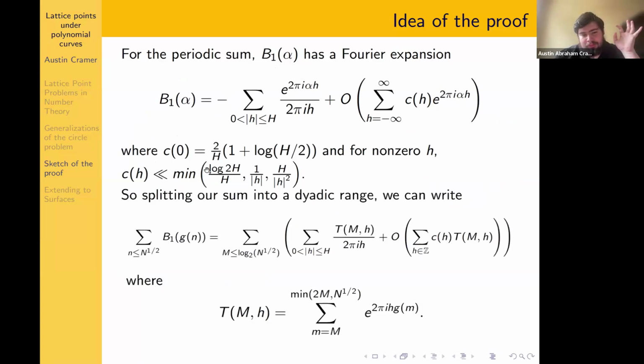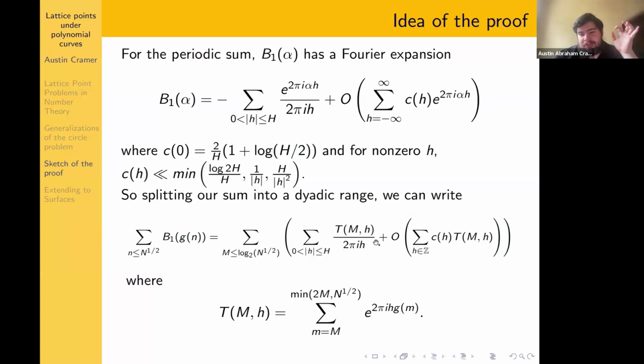So if we want to look at the Bernoulli function of this g and sum it up to n to the 1/2, we Fourier expand that, and then we also break things into a dyadic range. It looks like a mess on the slide, but we have a sum inside of a sum, and then this T of M8 here, that's another smaller exponential sum.